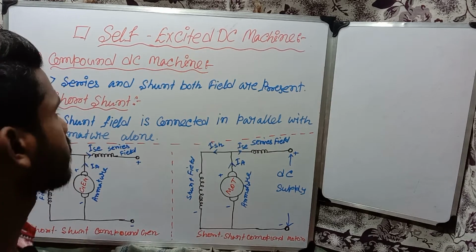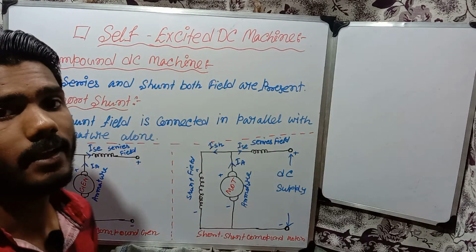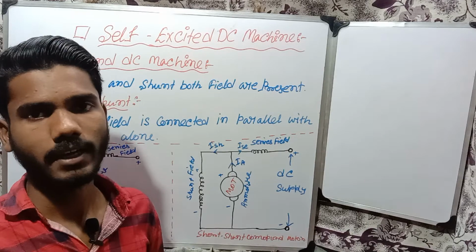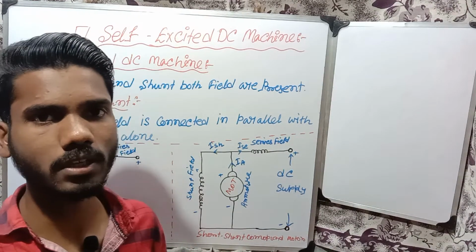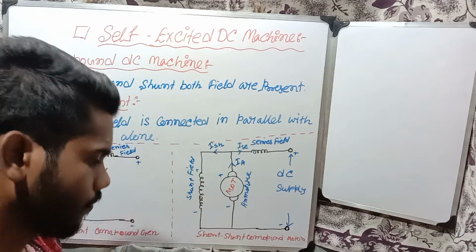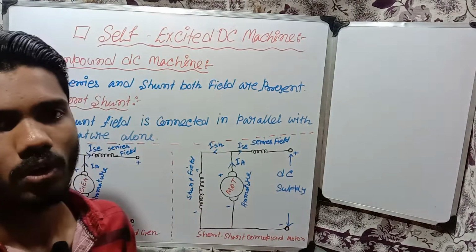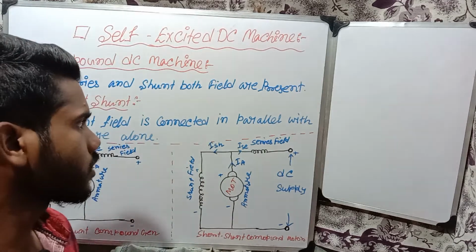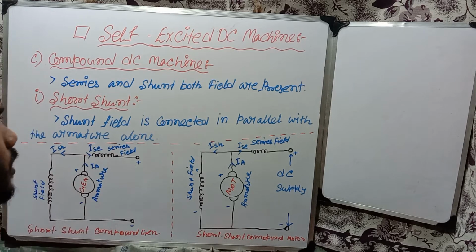Now I will discuss the compound DC machines. In a DC machine, if the shunt field and series field are both present, then we call this DC machine a compound DC machine. So compound DC machines can also be divided into two parts. The first one is short shunt compound DC machines.